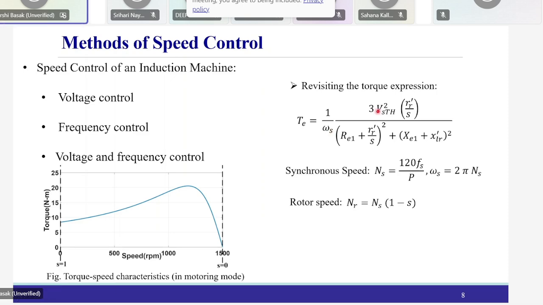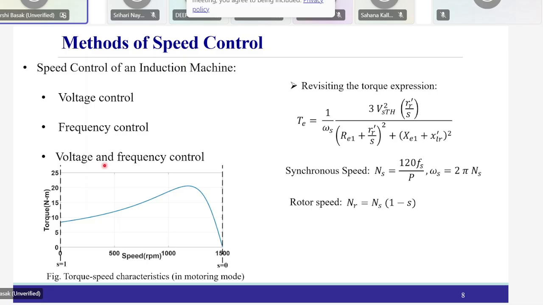If we see the torque expression, the voltage is one of the factors. Then frequency will change the synchronous speed. If you change the frequency, the synchronous speed will shift, and you can change the torque speed characteristics. And you can change both. You can change voltage, you can change frequency.